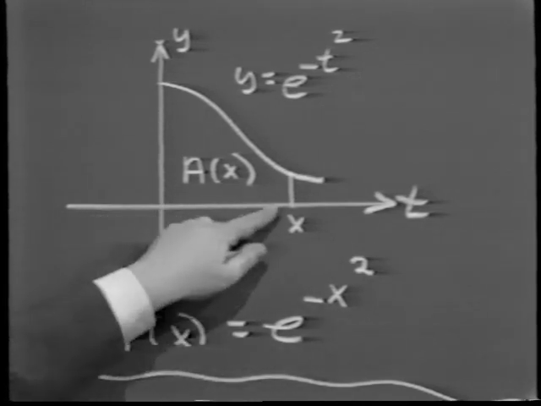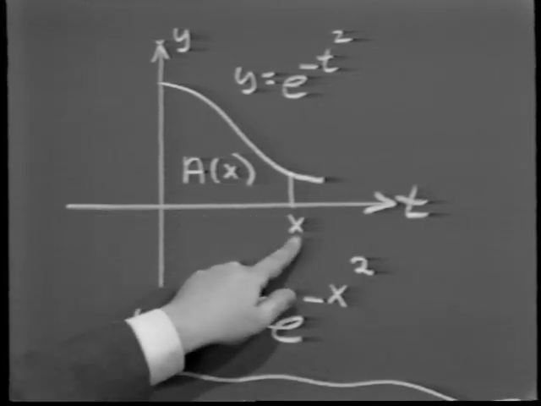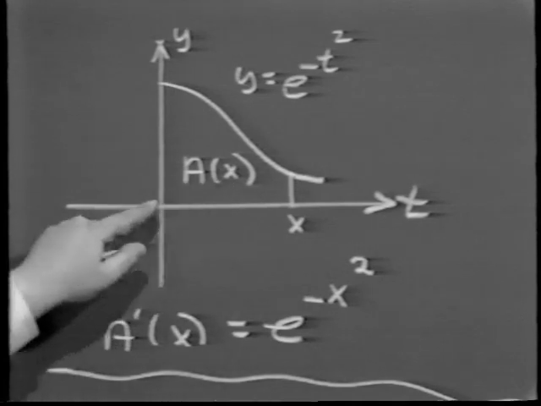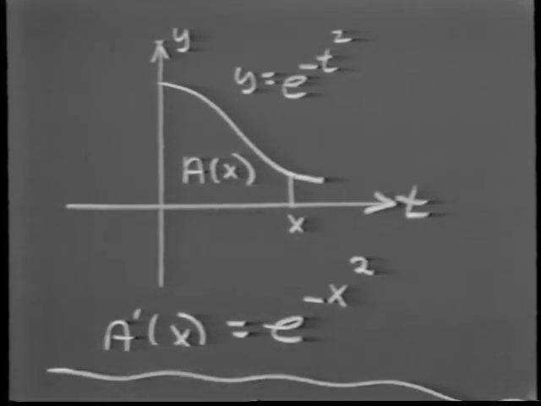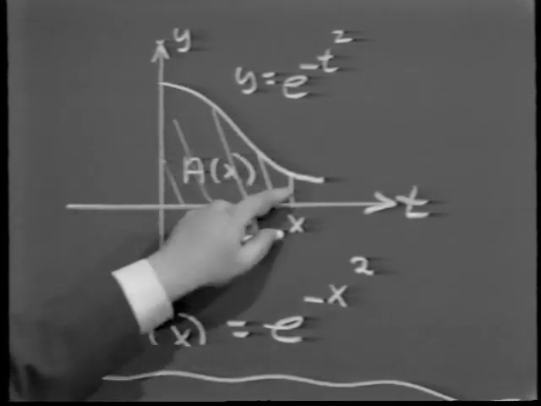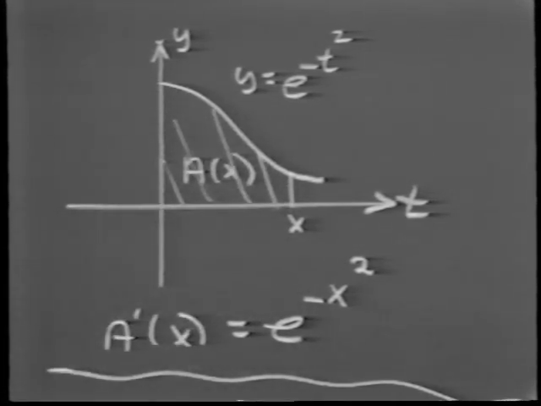The area under the curve is a function of x, and what we've already seen is that in this particular case, A prime of x is precisely e to the minus x squared. In other words, this area function does turn out to be the function whose derivative with respect to x is e to the minus x squared.